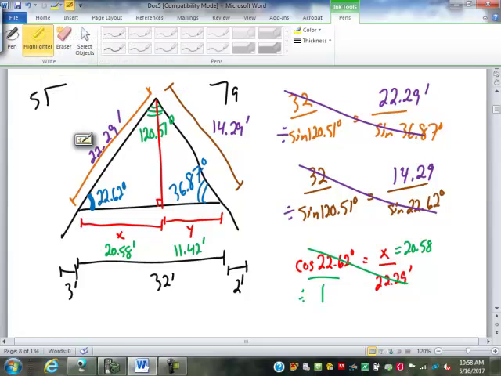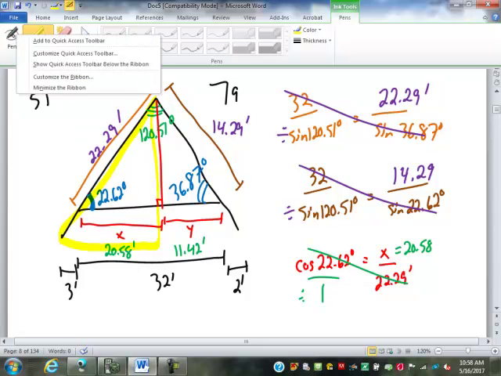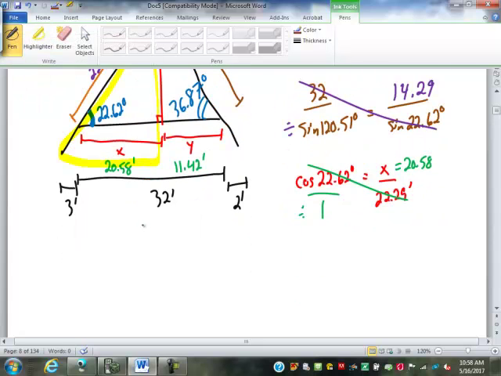Our next step involves us using a triangle similar to the one we just used, only bigger. We're going to use this triangle here. It's still a 5 over 12 slope. Do we know this?